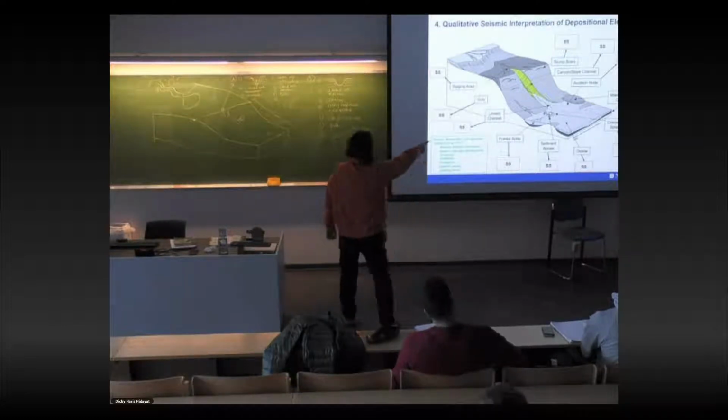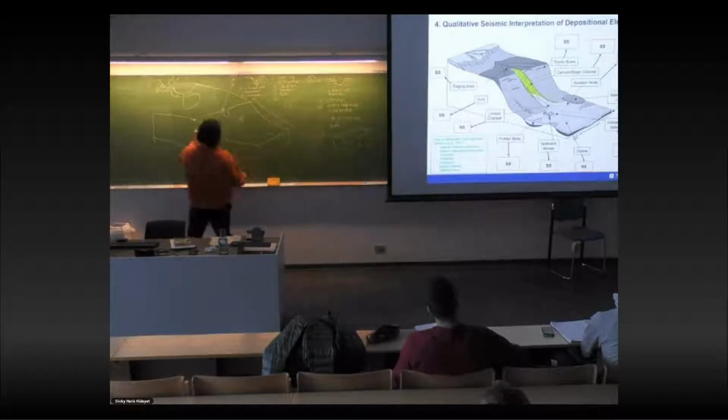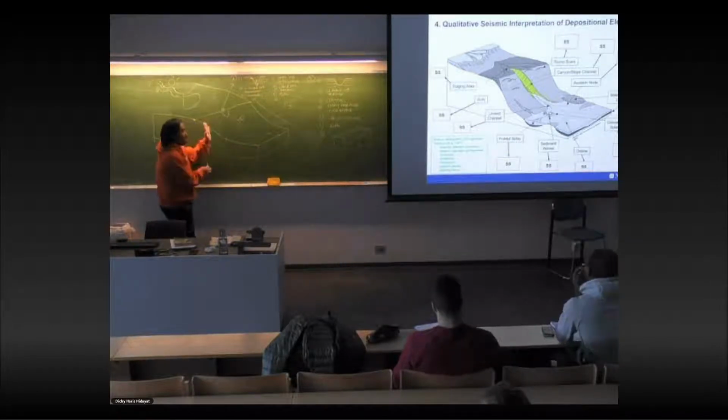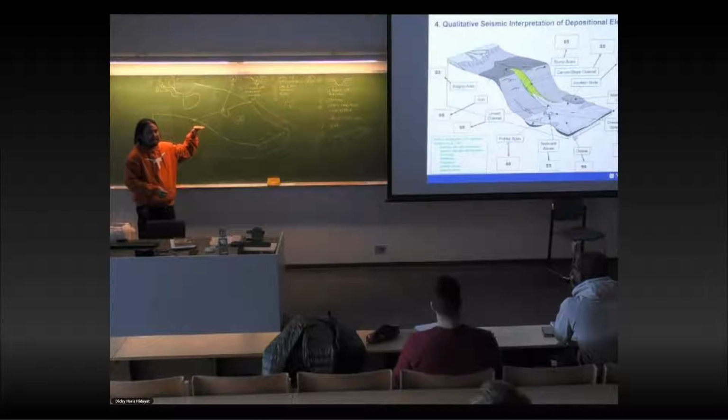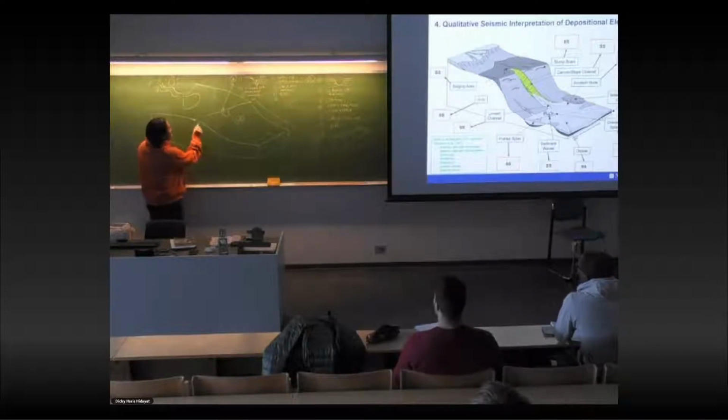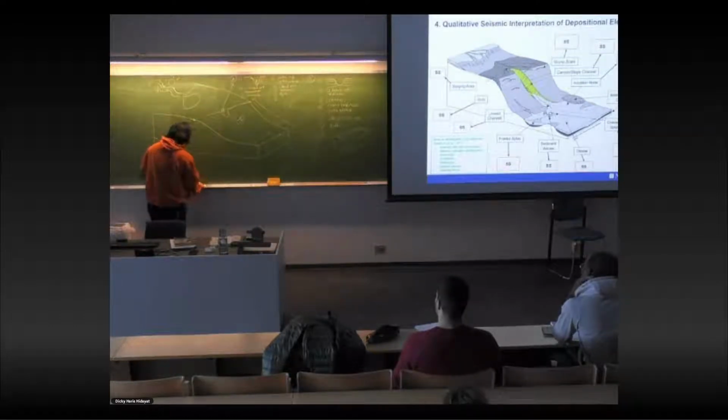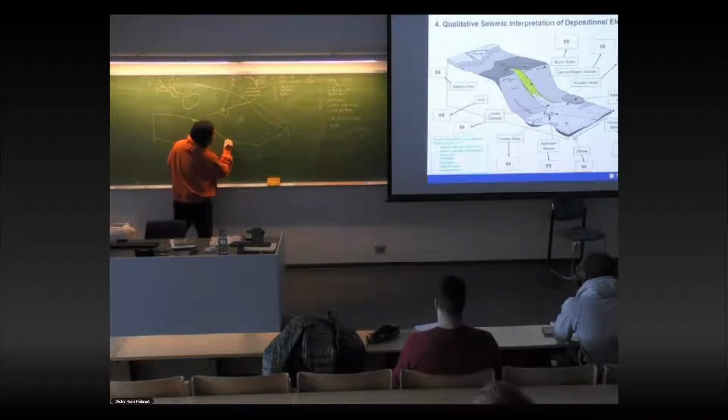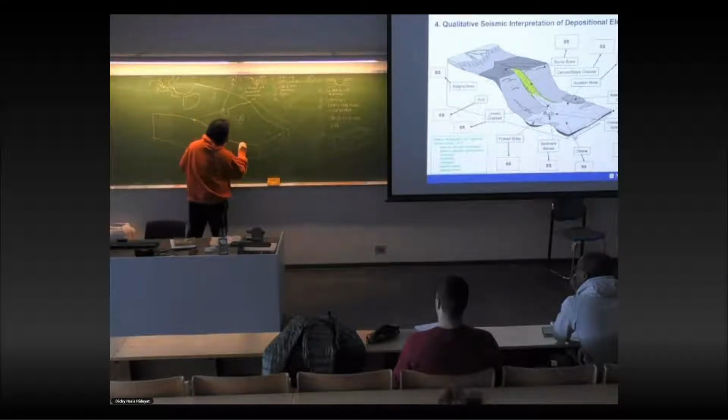Or levee channel, maybe. So remember in the slope setting, you have different angles, yeah? You have a relatively flat part here, and then a high angle here. Then you have a relatively low angle here, and then this is the flat basin floor fan.